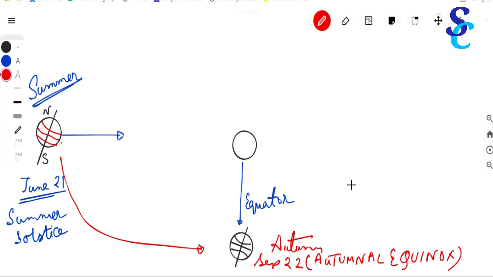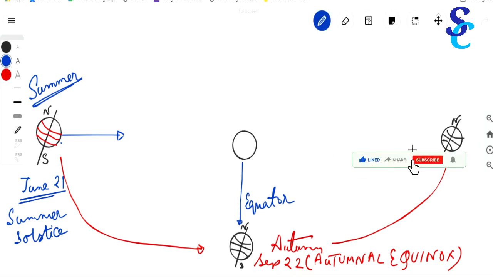Now again, after 3 months, the earth will reach this position. And when it reaches this position, you can see that the northern hemisphere is actually far away from the sun, and the sun rays fall directly on the Tropic of Capricorn.